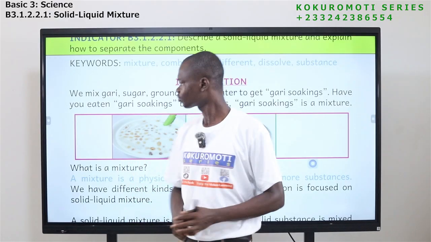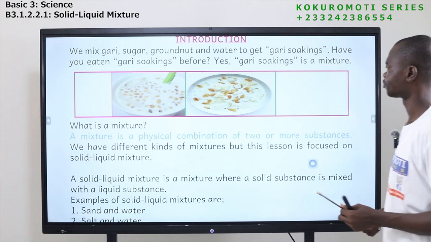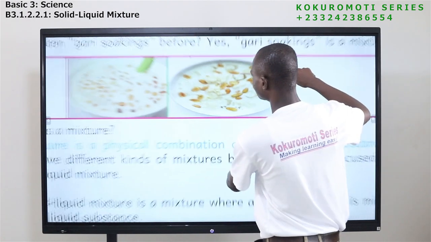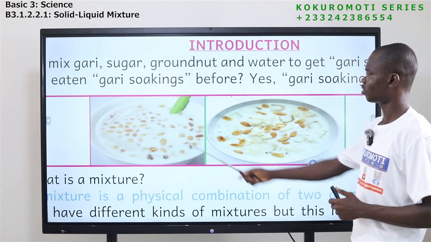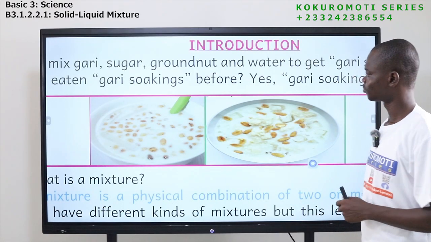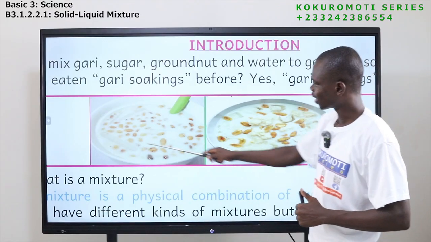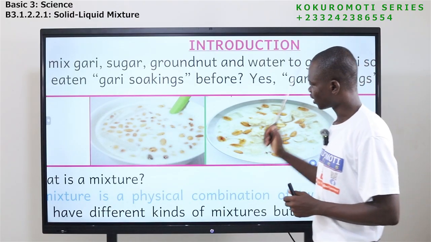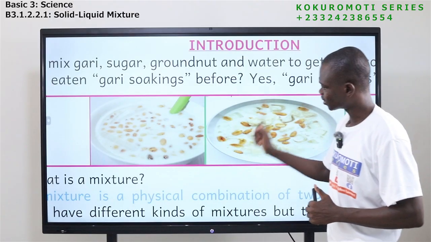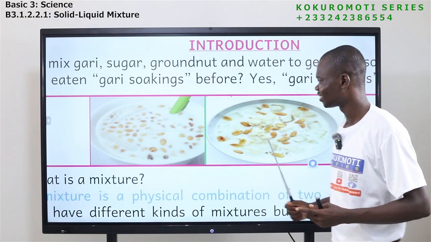Okay. So if you look on the board, you can see pictures here. What do you see here? I can see a bowl, a spoon, then I can see food inside. I think this food is garri soakings. What do you also see?